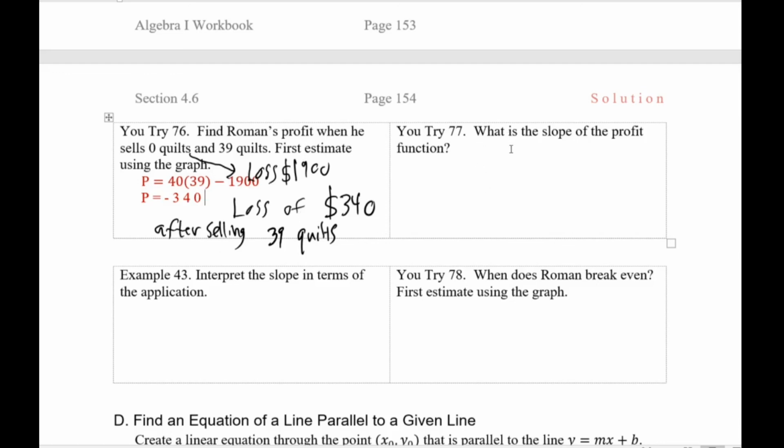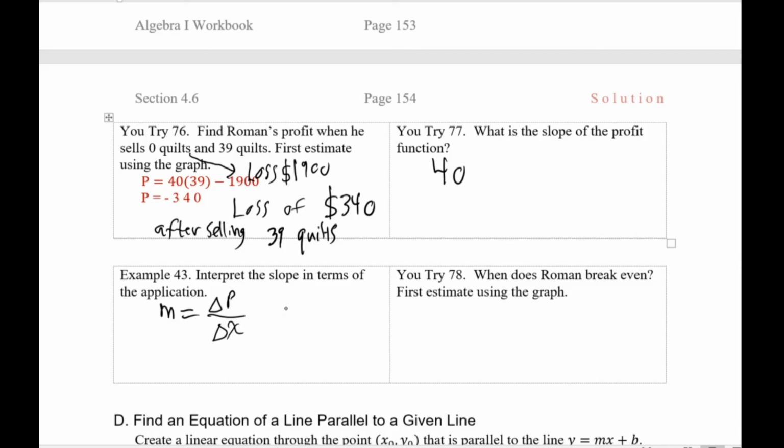What is the slope of the profit function? Here the slope is 40. Interpret the slope in terms of the application. So, slope is change in y, which in this case is profit, divided by change in x, which in this case is number of quilts sold.